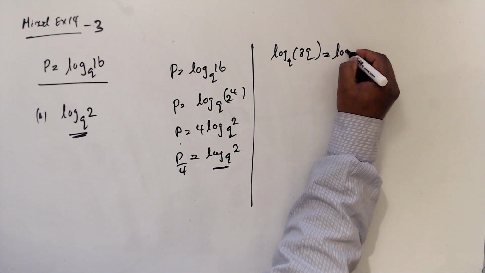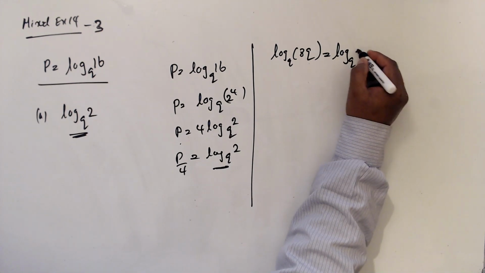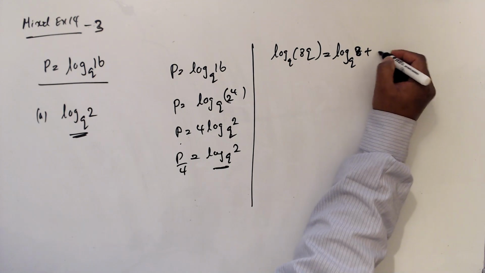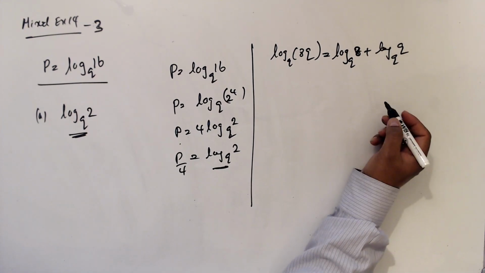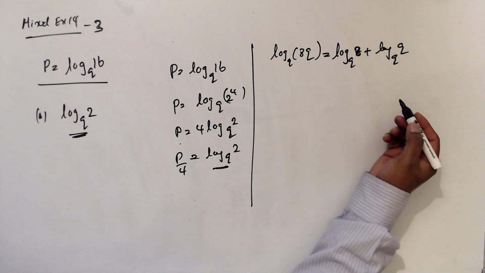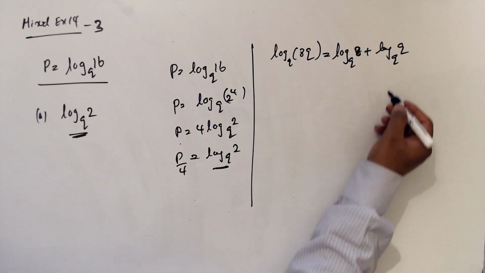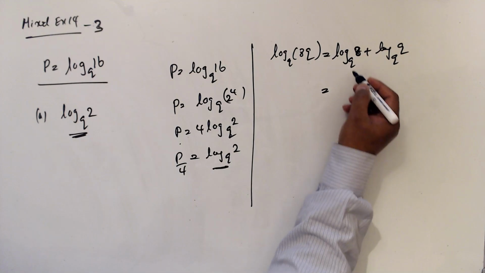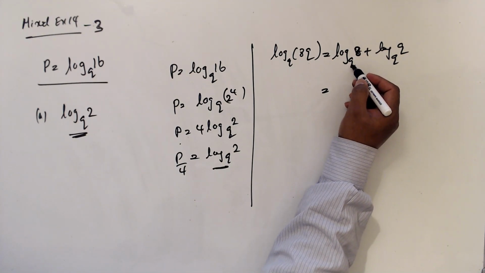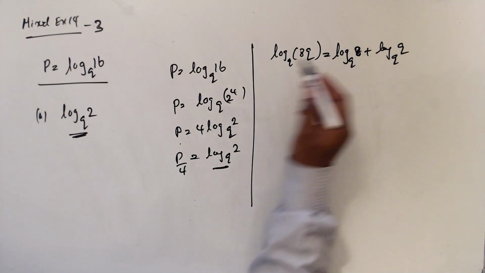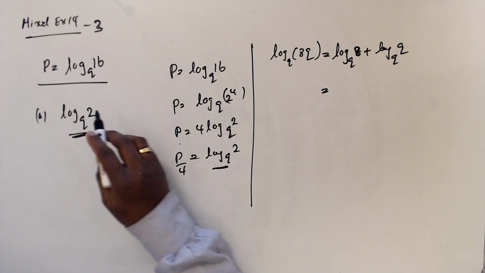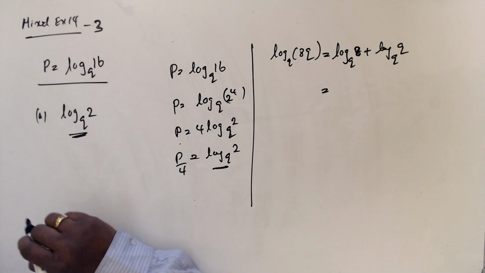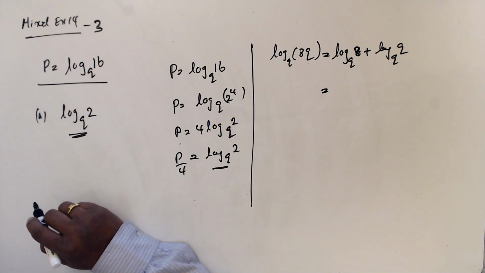So log Q times 8 plus log Q times Q. We know Q times Q is 1. So that's a good sign. And can I write Q to the power 16 as Q to the power 8?